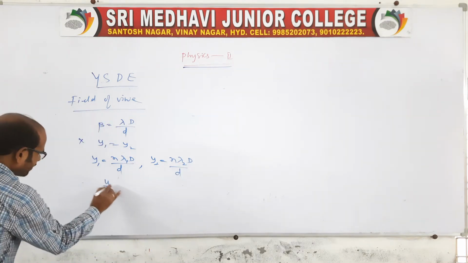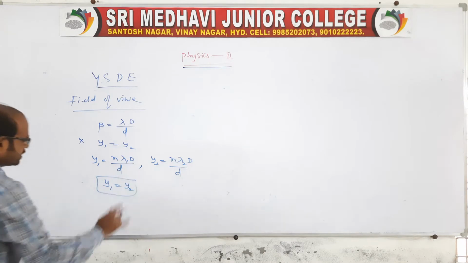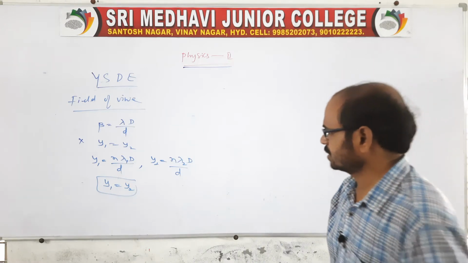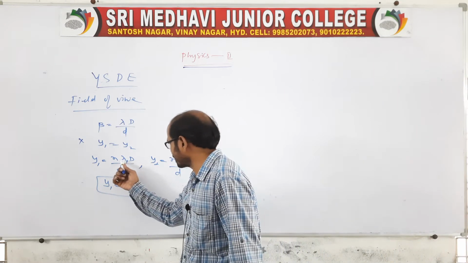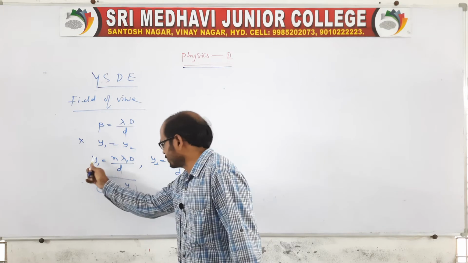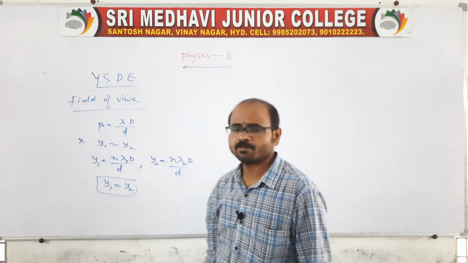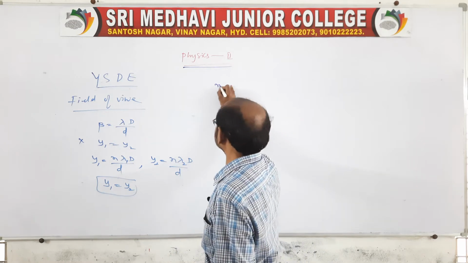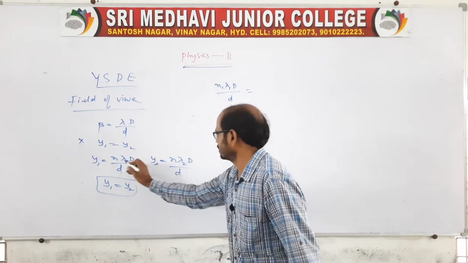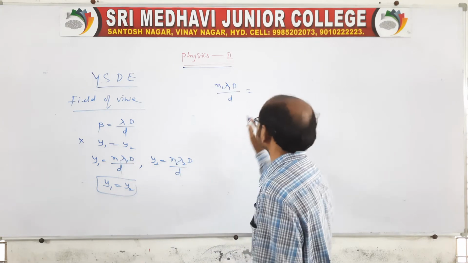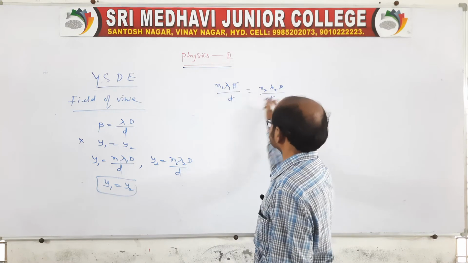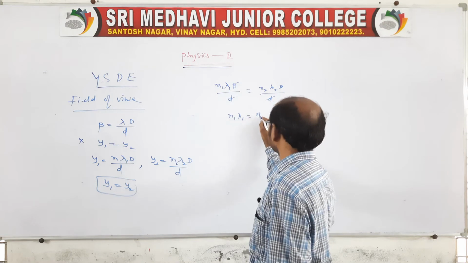Small d and capital D cancel, therefore n1 lambda 1 is equal to n2 lambda 2.